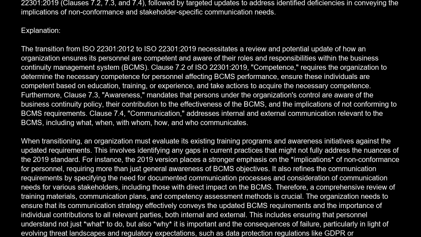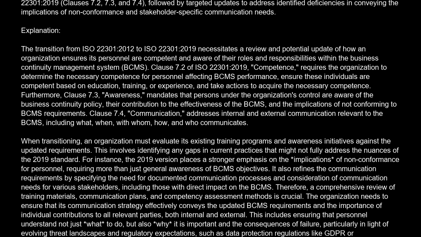Furthermore, Clause 7.3 Awareness mandates that persons under the organization's control are aware of the business continuity policy, their contribution to the effectiveness of the BCMS, and the implications of not conforming to BCMS requirements. Clause 7.4 Communication addresses internal and external communication relevant to the BCMS, including what, when, with whom, how, and who communicates.